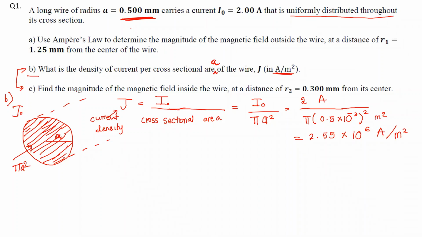So in part C, they're asking us to find the magnitude of the magnetic field inside the wire. So let me draw the wire in an even bigger scale. This is my cross section of the wire. Radius is A, and they're asking us to find the B field at a location like this, at 0.3 millimeters, and that is my R2.